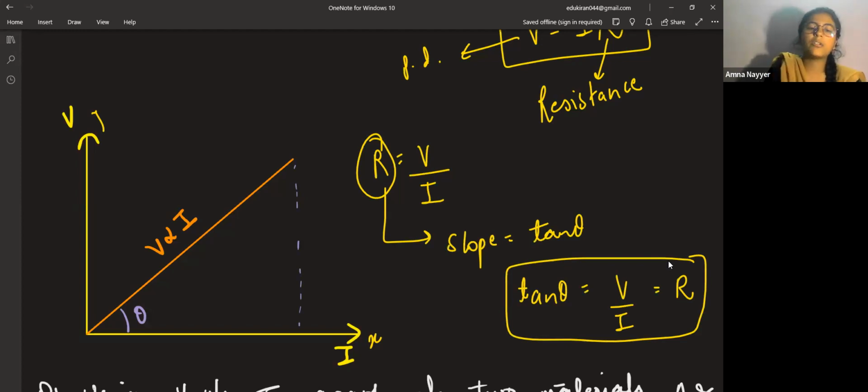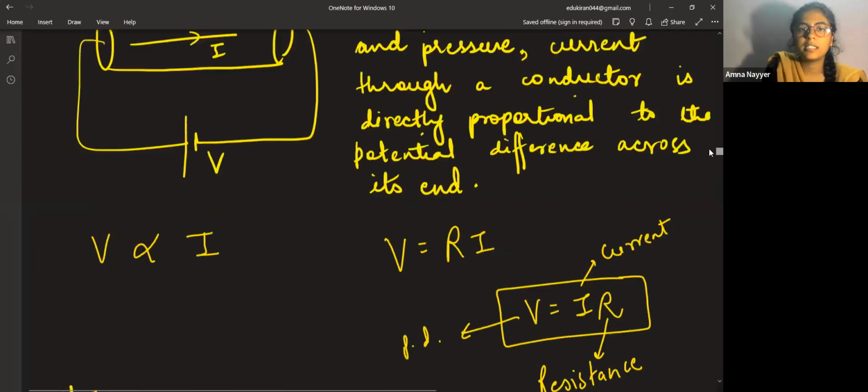Let's practice a question also based on graph. Graphical questions can come. Write this down, Ohm's law.